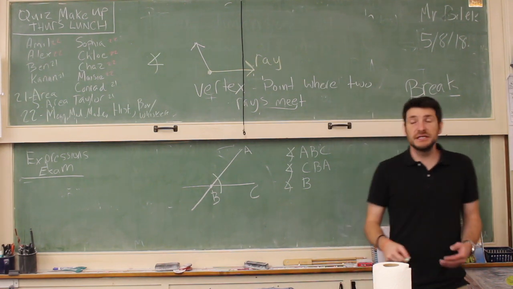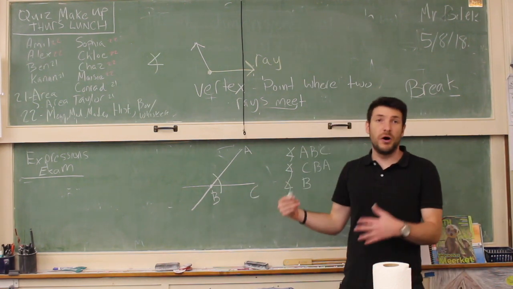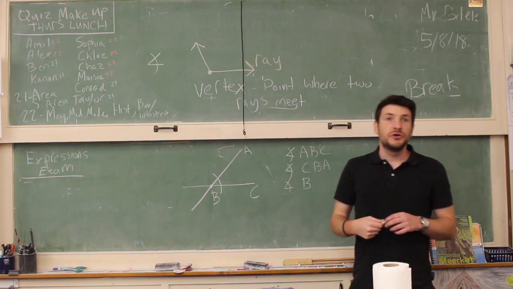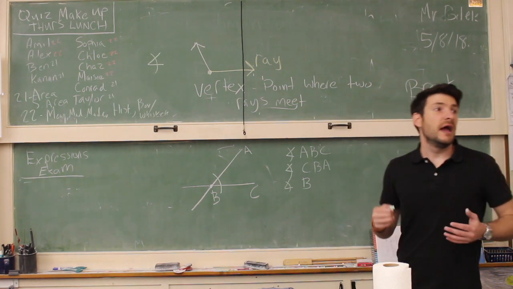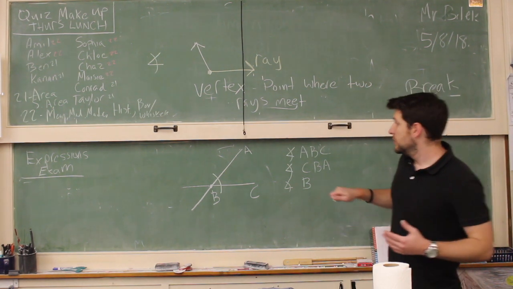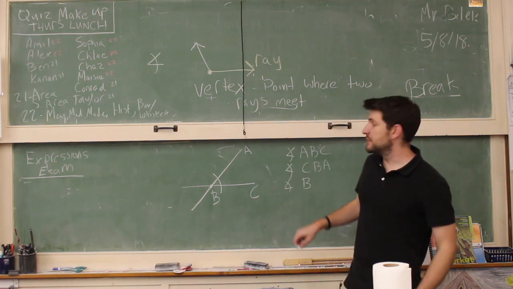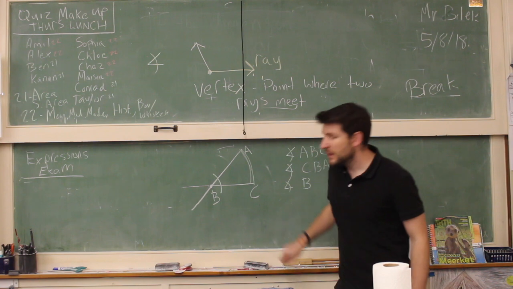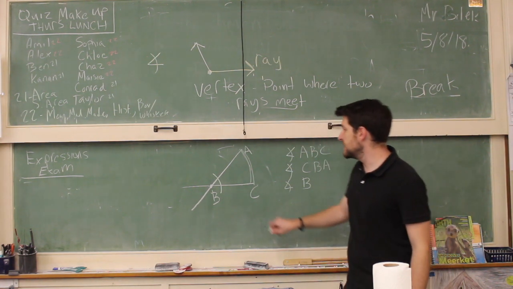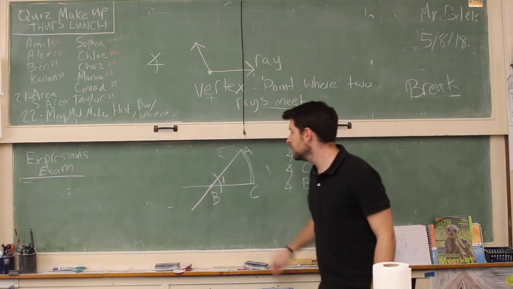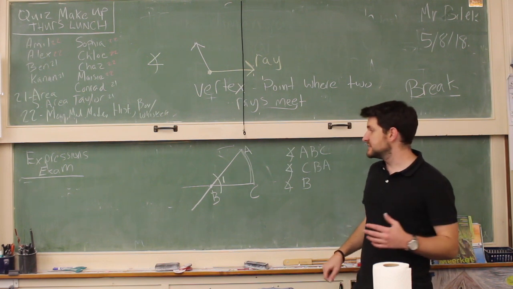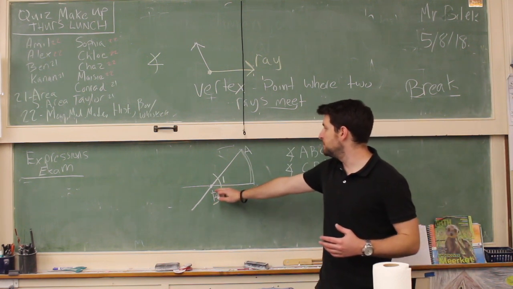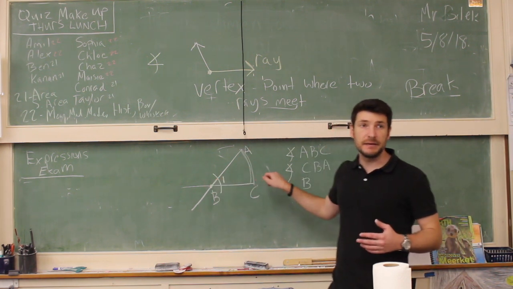Sometimes, because these letters fall on the line of the vertex, you can actually have a mark, a number or a letter to represent this entire angle right here. So let's say they put a little 1 right here. That represents the space in between BA and BC.